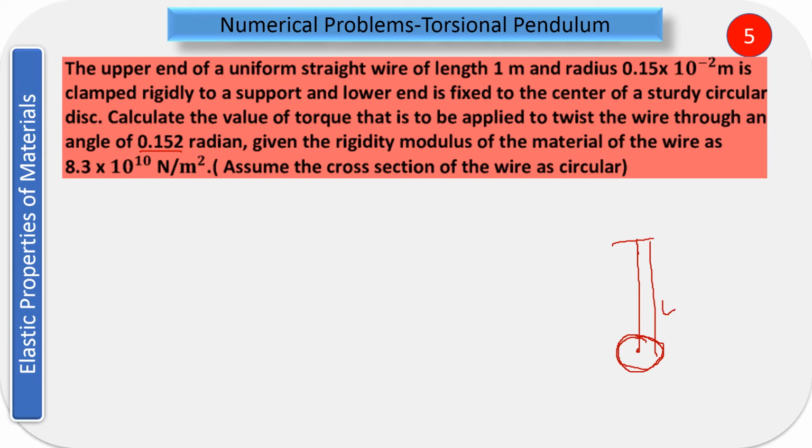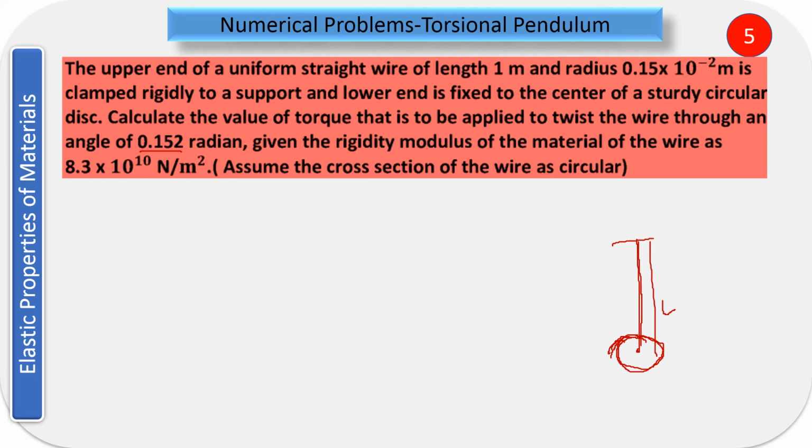Now what you are going to do is twist this wheel. If you are going to twist the wheel, naturally this wire is also going to be twisted, right? Now you have to twist in such a way that you produce a certain twist.